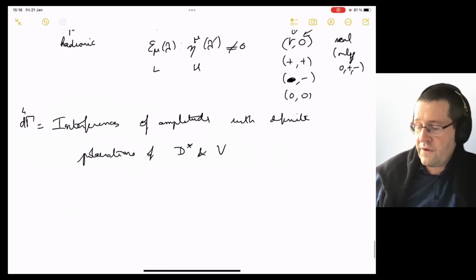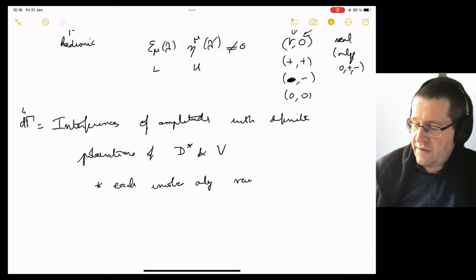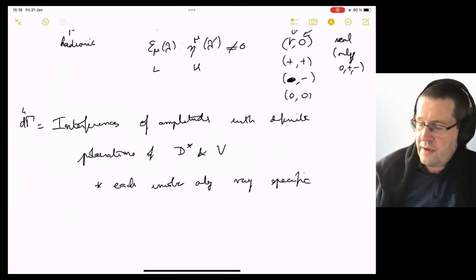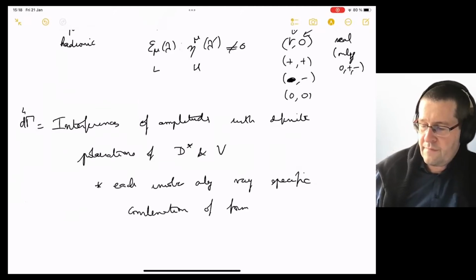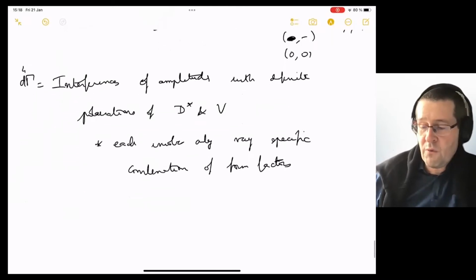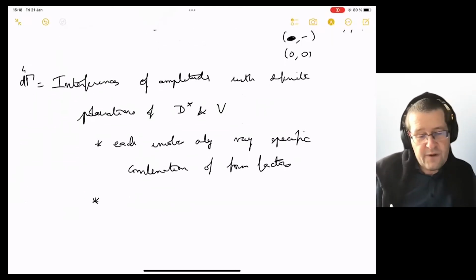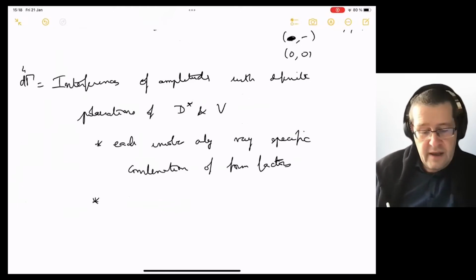And each involves only very specific combinations of form factors, because those combinations are associated with a definite polarization of your D star for the hadronic part.